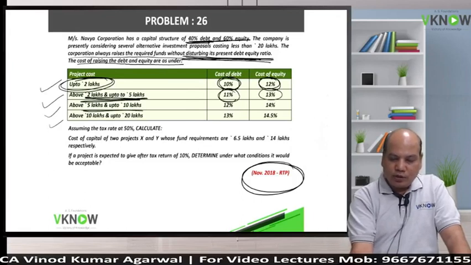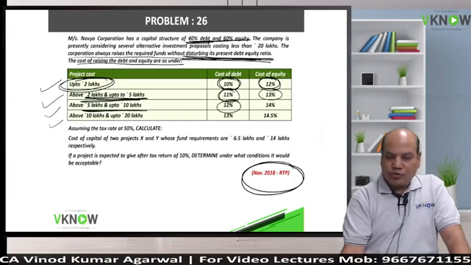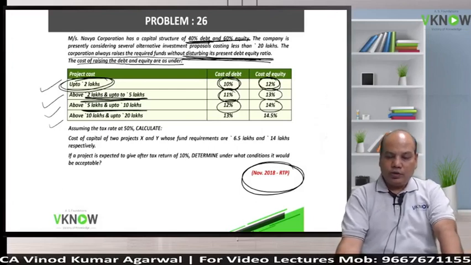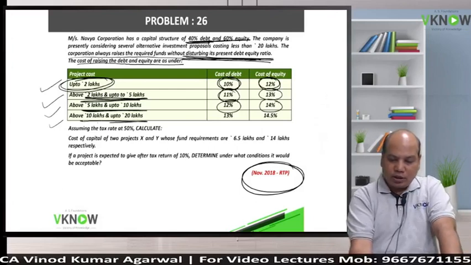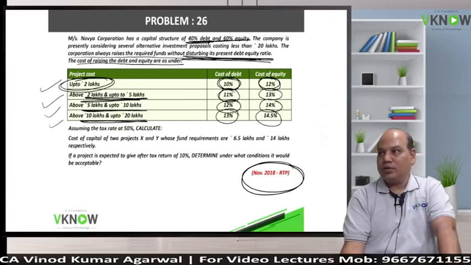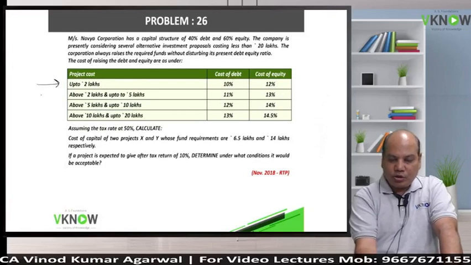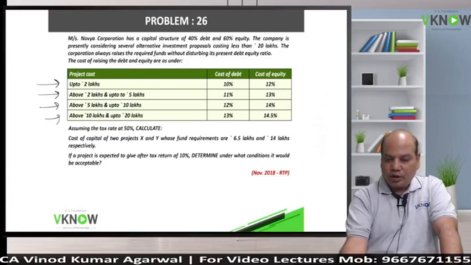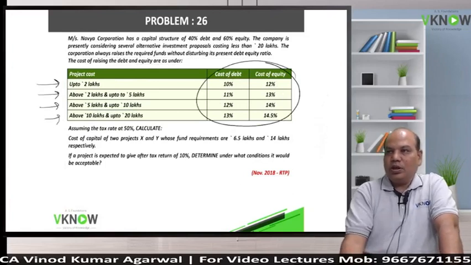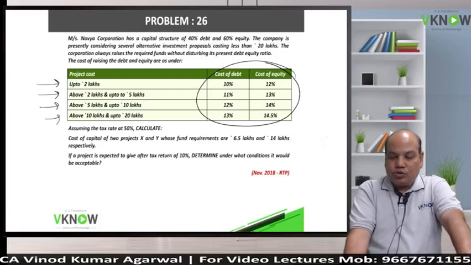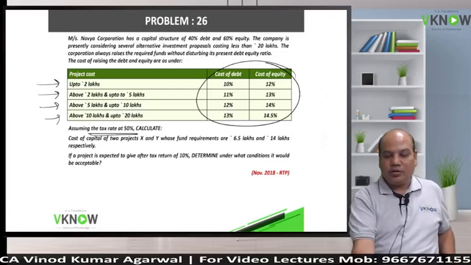For 5 to 10 lakh, cost of debt is 12%, cost of equity is 14%, and for 10 to 20 lakh, 13% and 14.5%. So depending upon the project cost, its weighted average cost of capital will vary. Is it right? Assuming tax rate is 50%.